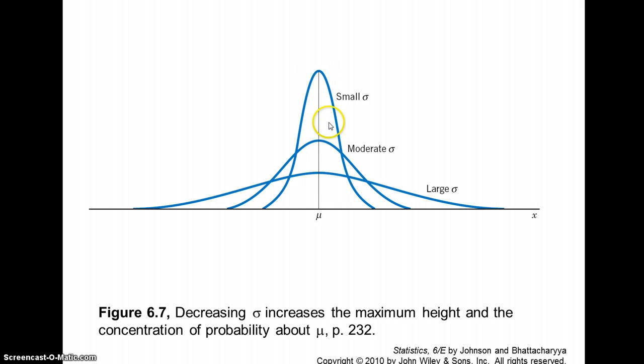For a smaller standard deviation, it's going to be tall, for a moderate standard deviation, it's going to be like this, and a larger standard deviation will be wide. So when the standard deviation changes, the shape will change. You can see it has different height.